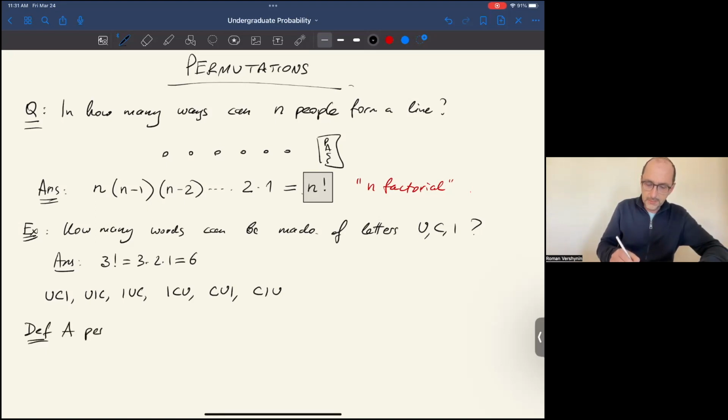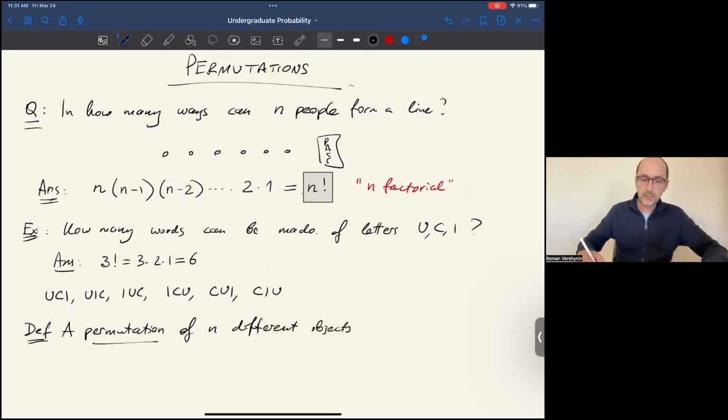A permutation of n different objects, people or letters, for example, is any ordered arrangement of these objects.